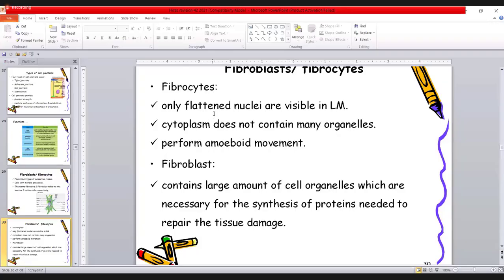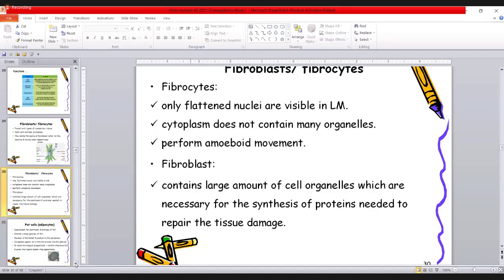In the mature form, because they are inactive cells, cytoplasm does not contain many cellular organelles, and they are capable of amoeboid movement. So those are the main features of fibroblast and fibrocytes.